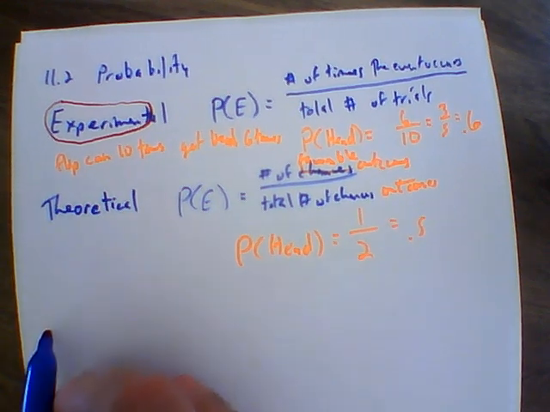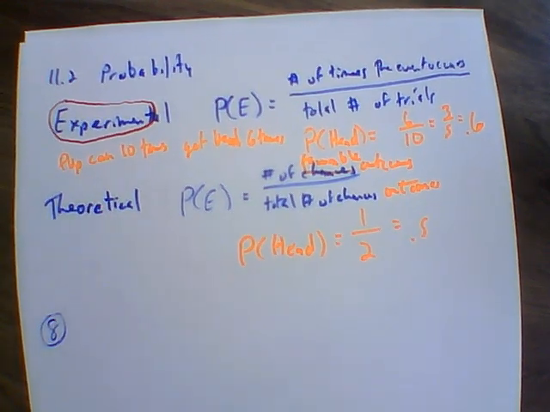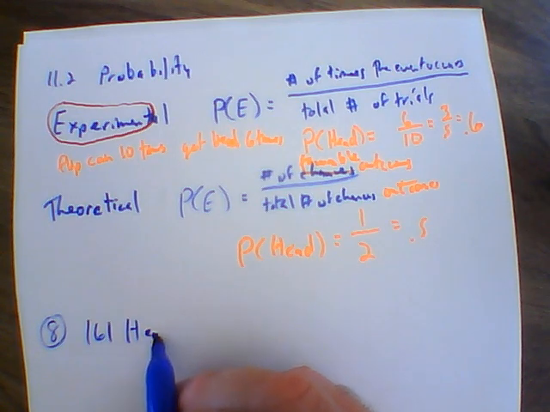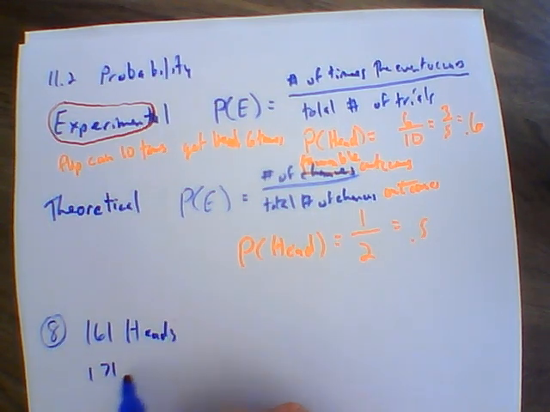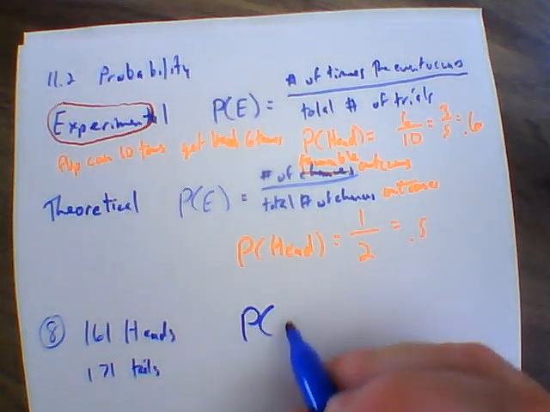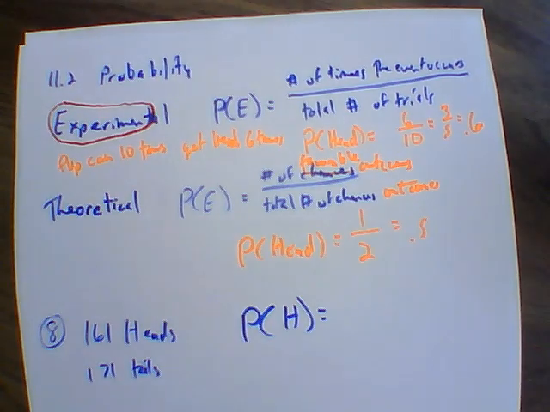So let's look at number 8. It says a class tossed coins and recorded 161 heads, 171 tails. It asks us, what is the experimental probability of a head?